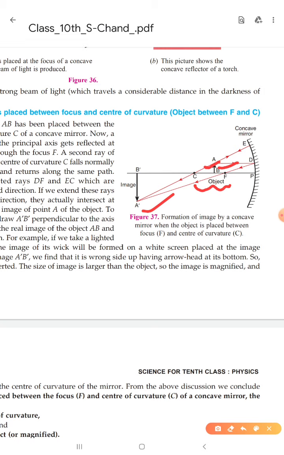Then we can see that at some point these two reflected rays are meeting, and this point is called A dash. So A dash is the image of point A. To find out the whole image of AB, we will draw a perpendicular to the principal axis.